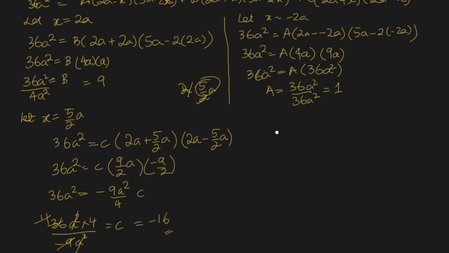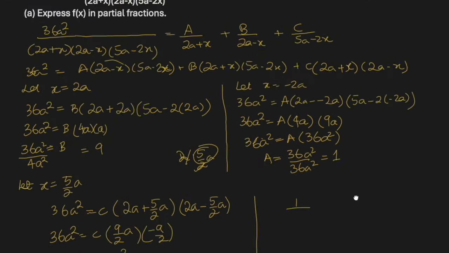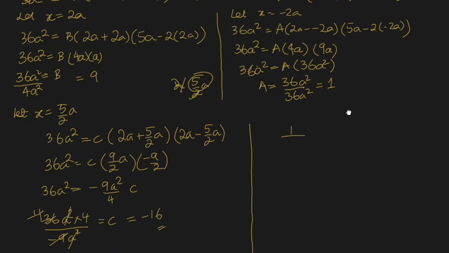So finally the partial fraction becomes a came out to be 1 over 2a plus x.